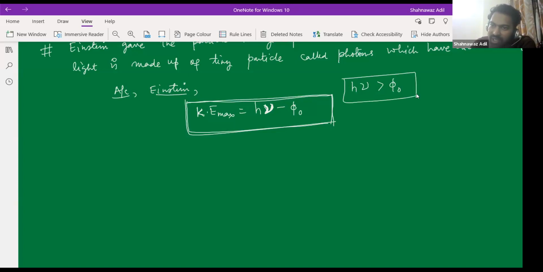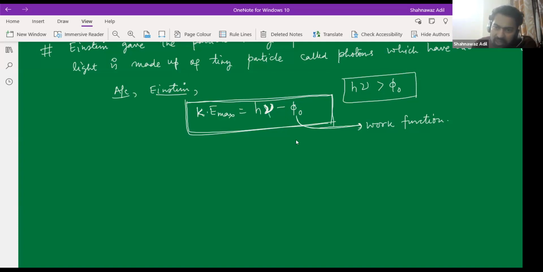If we have this condition, then we will have some kinetic energy of the photoelectrons. This phi naught is called the work function, the minimum energy we require to overcome to have photoemission, to have the photoelectric effect.